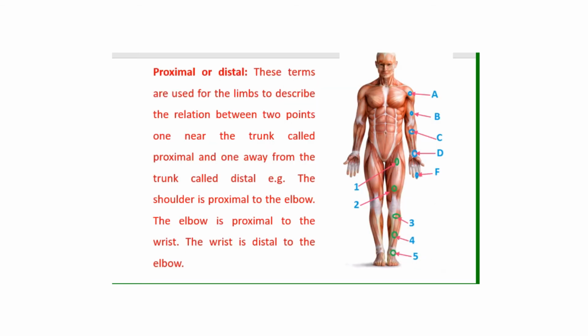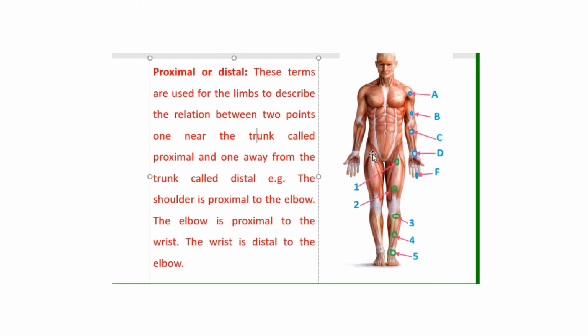What about proximal and distal? Proximal and distal are terms used for the limbs only, upper limb or lower limb, to describe the relation of 2 points to each other. This is the upper limb, this is the lower limb. This is the attachment of the upper limb to the trunk, or this is the attachment of the lower limb to the trunk.